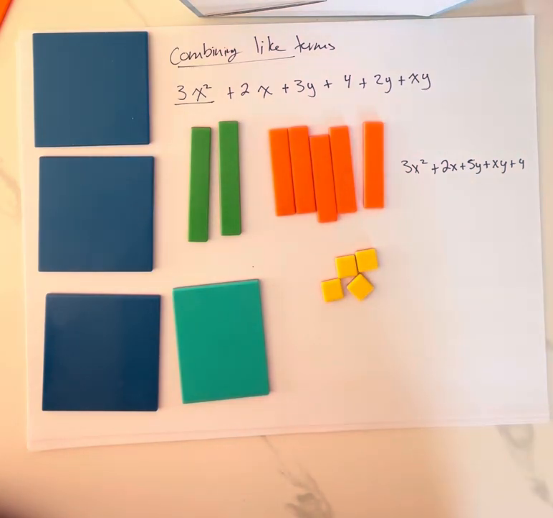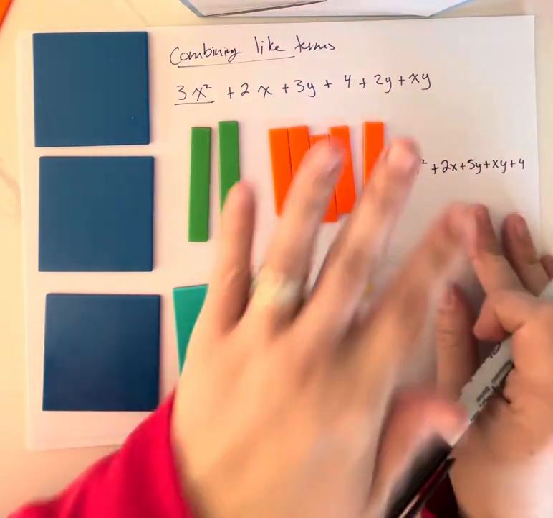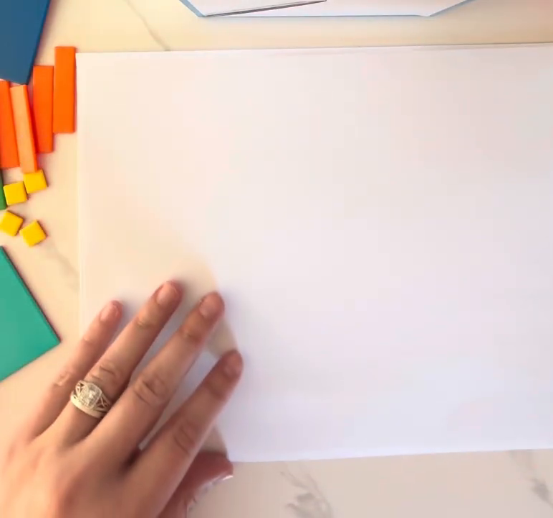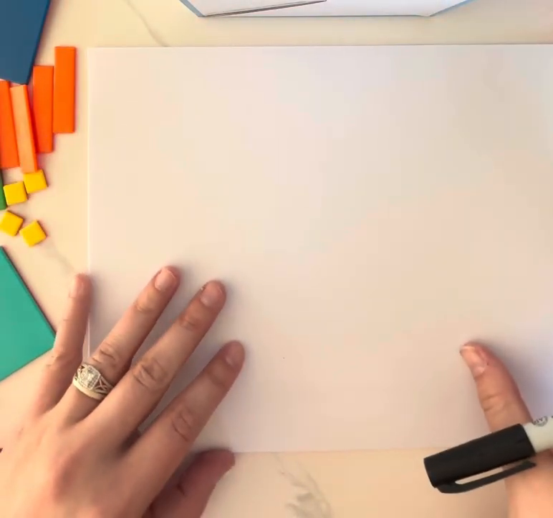Now, middle school teachers, you may be telling me, well, what about negatives? We work with those a lot. Well, we can do that too. And that is one of the reasons that I told you that we will be using the other side.